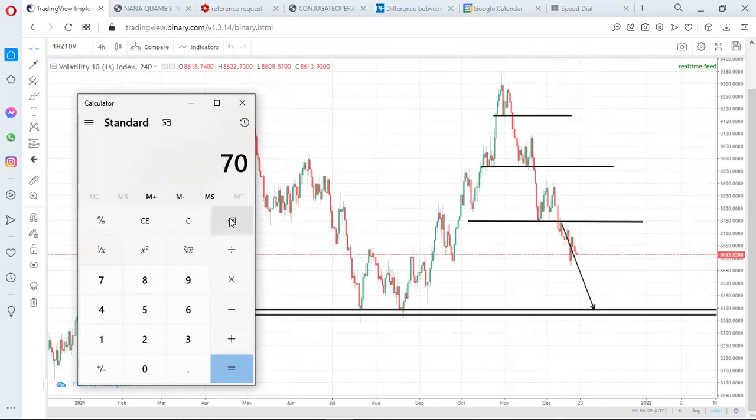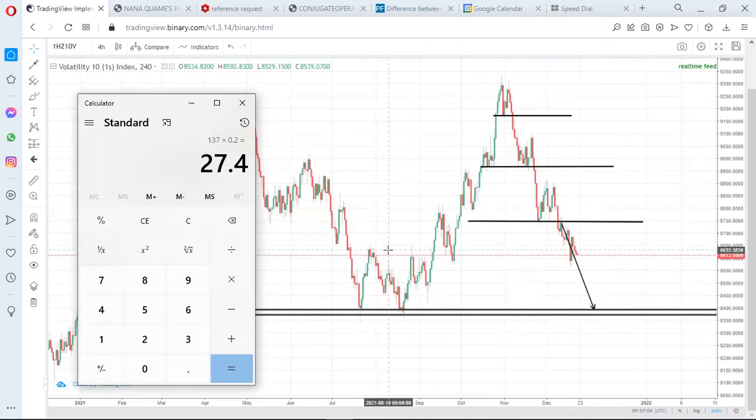The SL is above our entry, so we take our entry from our SL, and that is 8881 minus our entry, 8744, and that is 137 pips. We multiply this by 0.2, and this is $27.4.